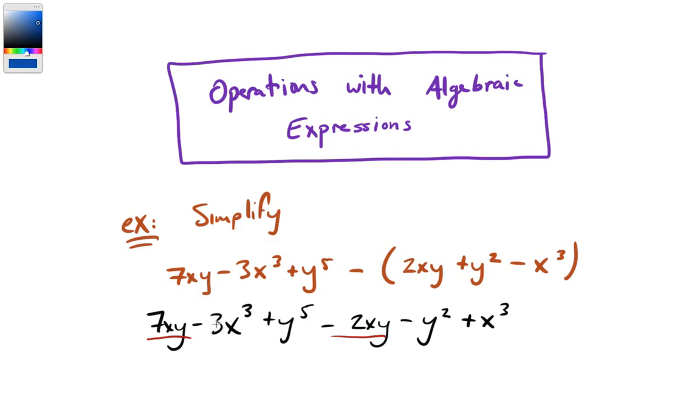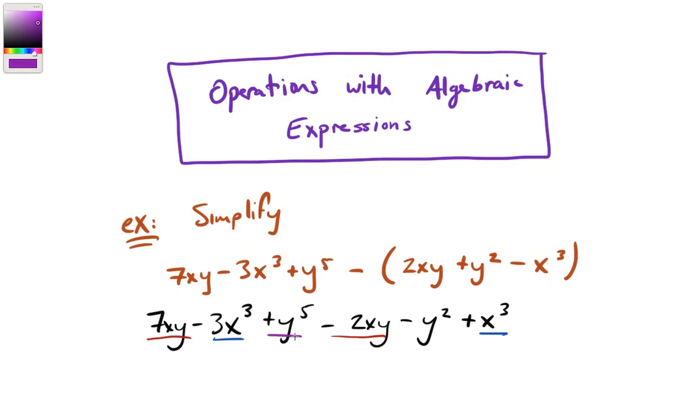So we ignore this negative 3 for now, just like we ignored the 7 to begin with. So we've got 3 copies of x, x cubed. 5 copies of y, those obviously are not alike. We already put this one with what it goes with, so that's not it. 2 copies of y, that's not alike. And then 3 copies of x. Okay, 3 copies of x, 3 copies of x, those go together. Okay, let's get ourselves a different color.